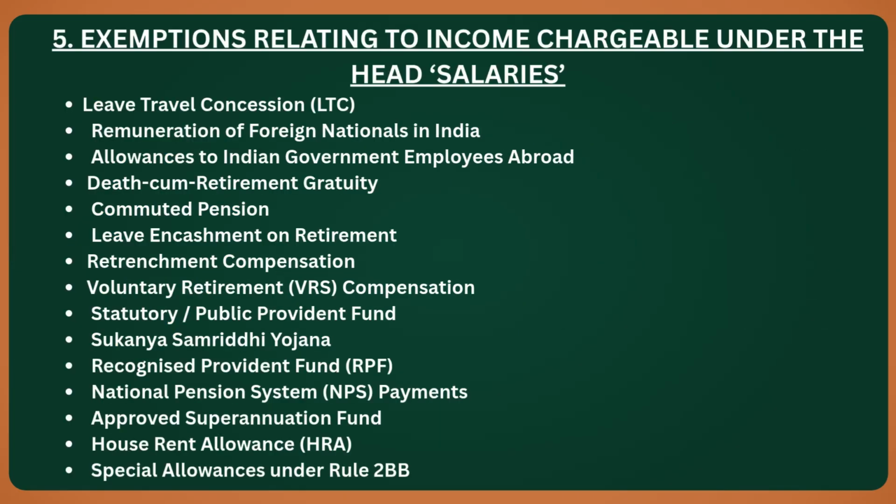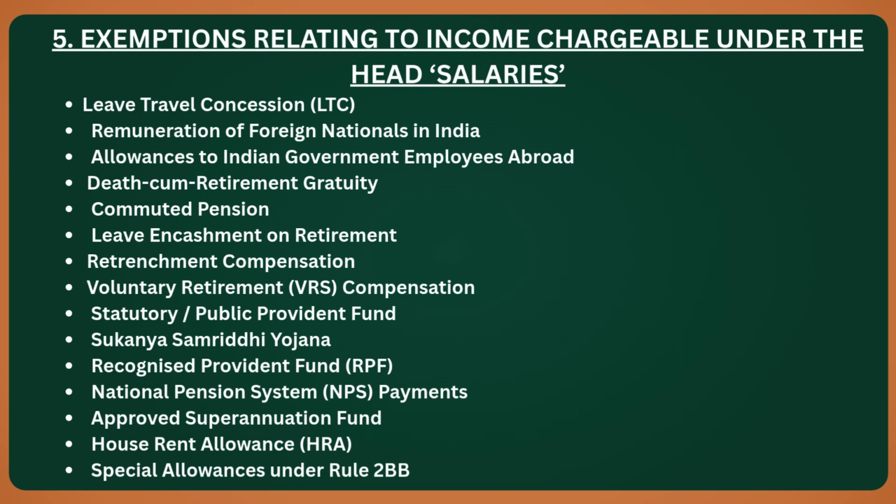Let's go through some of the main exceptions under the head, salaries, that is, incomes which are either fully or partly exempt under Section 10 of the Income Tax Act. 1. Leave travel concession, Section 10, subsection 5. 2. Remuneration of foreign nationals in India. 3. Allowances to Indian government employees abroad, Section 10, subsection 7. 4.